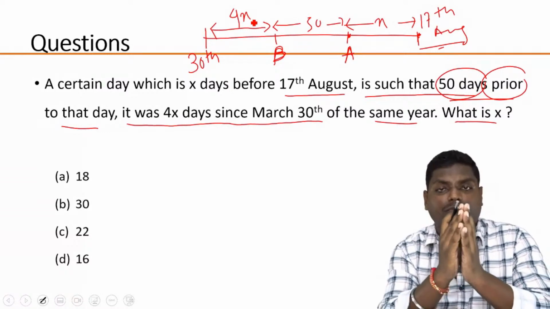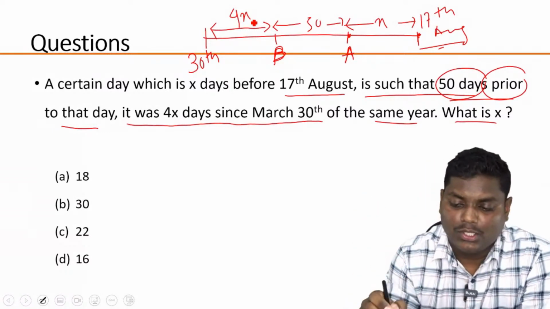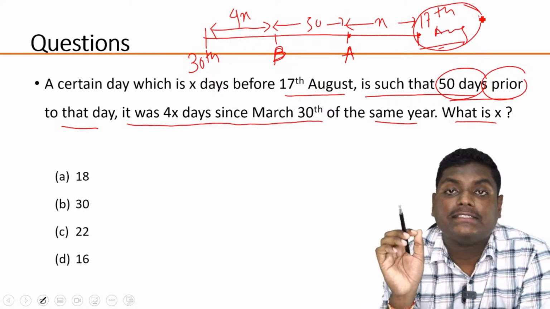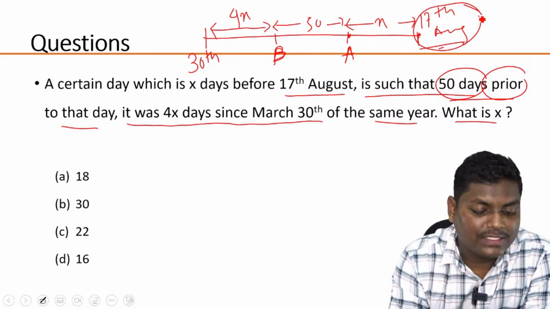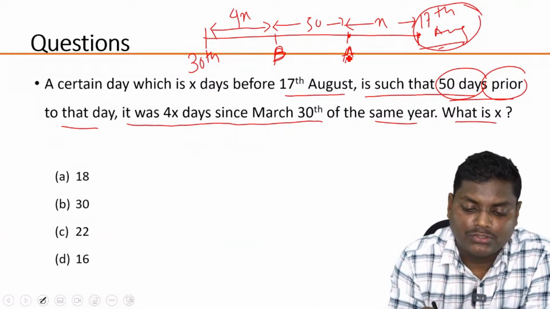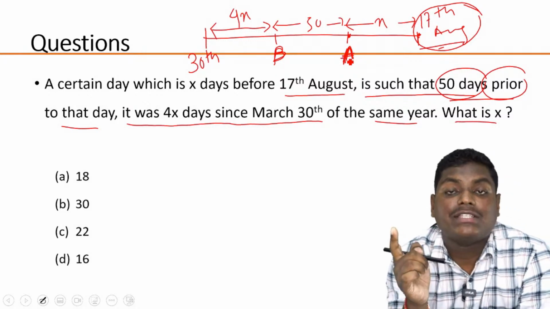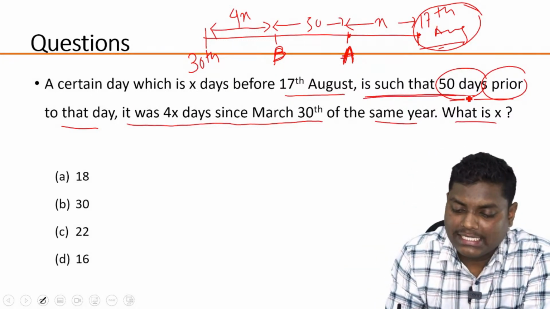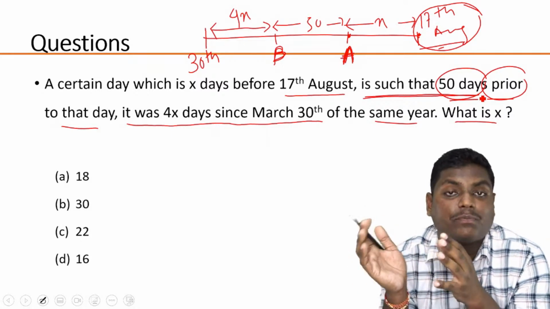So try this, draw a timeline and try to understand this. I'll again repeat the question. It is saying that we have a date here, 17th August. Now it is saying which is X days before 17th August. So let's consider a date A, which is X days before 17th August. Now in the next line it is saying it is 50 days prior to it.